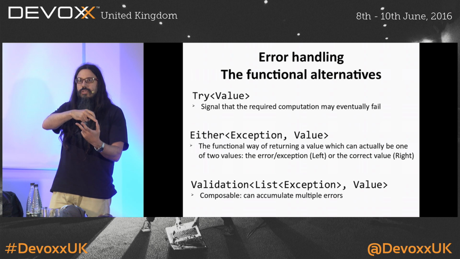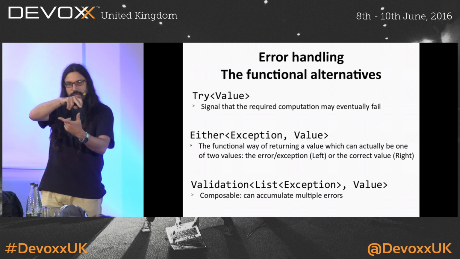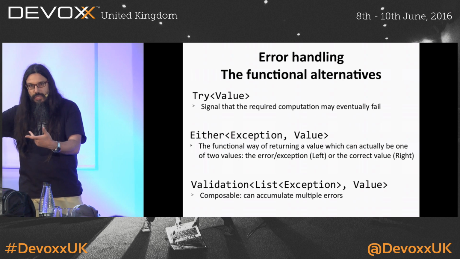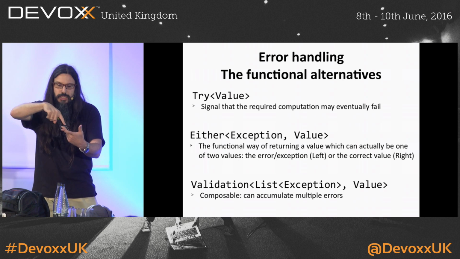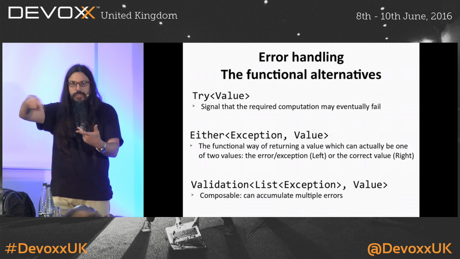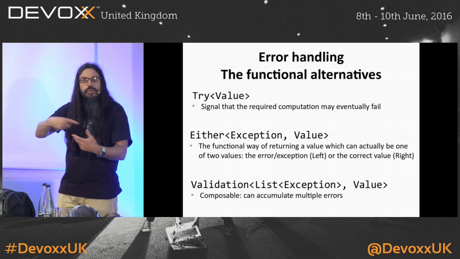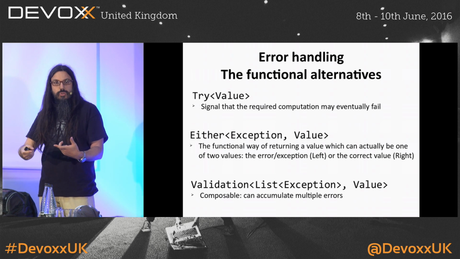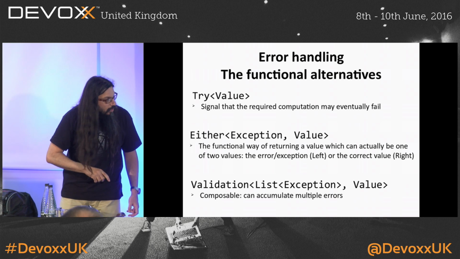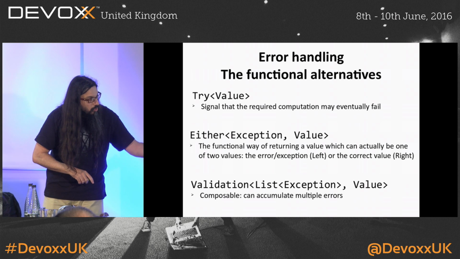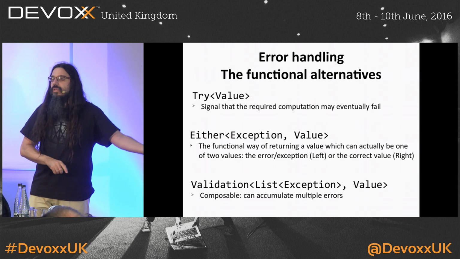Because in that case, you are telling the user the age is wrong. The user fixes the age, then you tell him the credit card number is wrong, and then he fixes the credit card. Instead, if you can return this stuff, you can return the list of the errors in one shot.